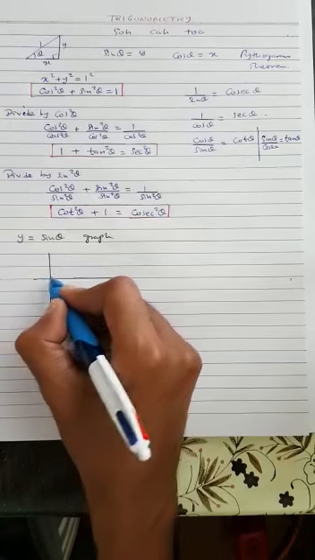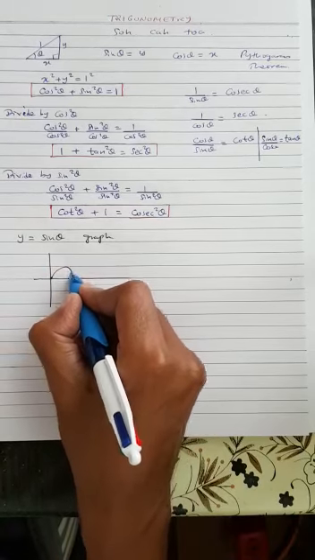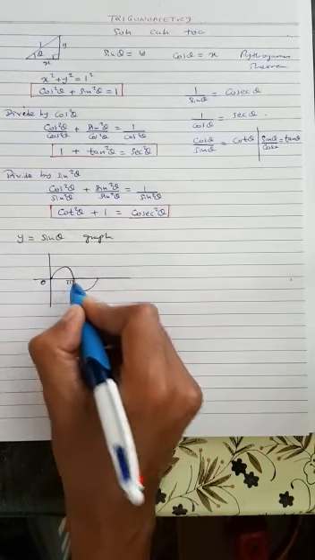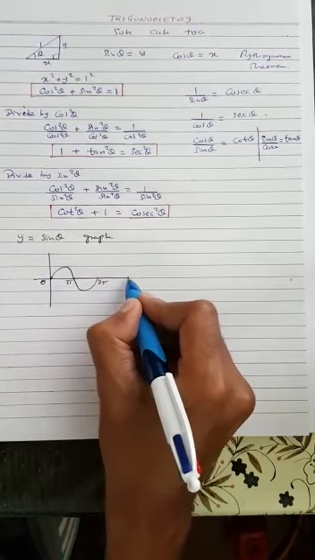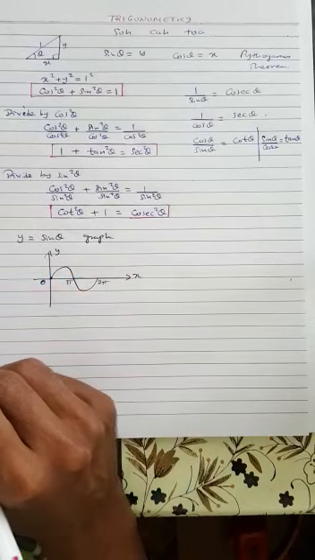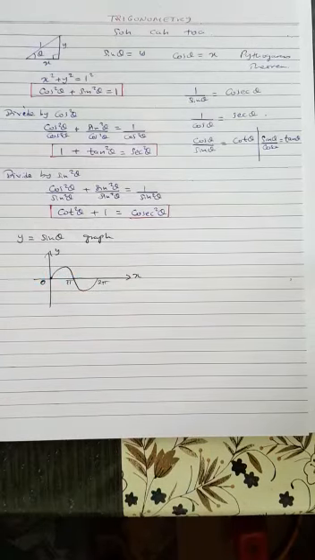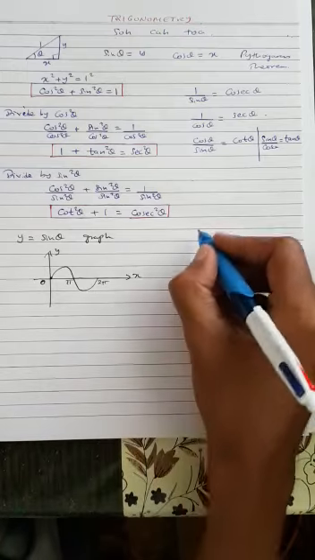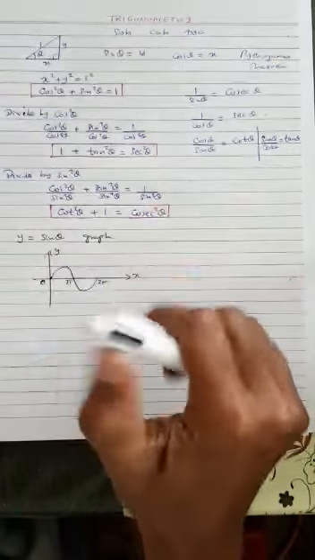It's going to look something like this. So this is 0 and this is pi, this is 2 pi. So this is x and this is y. Okay, just bear with me one moment. At the same time, if I want y is equal to cosec, let me just put this one in green.